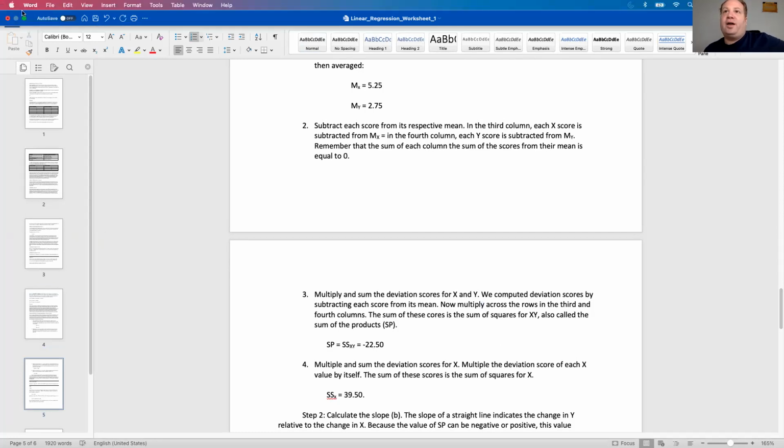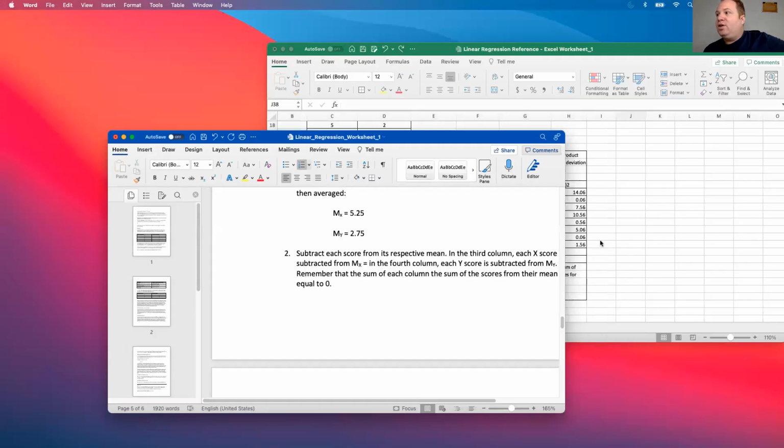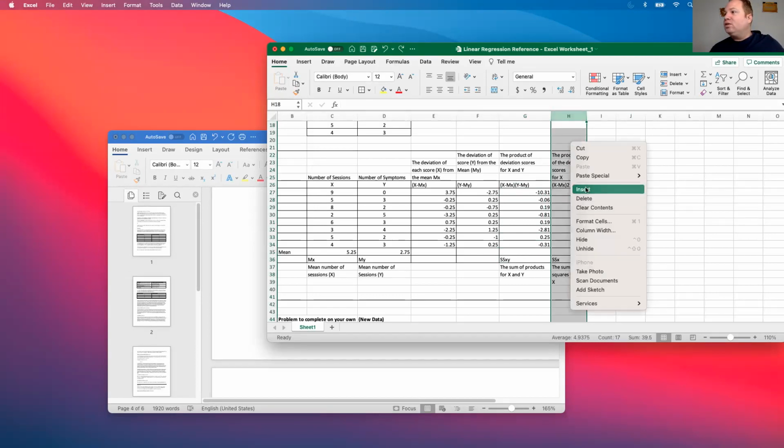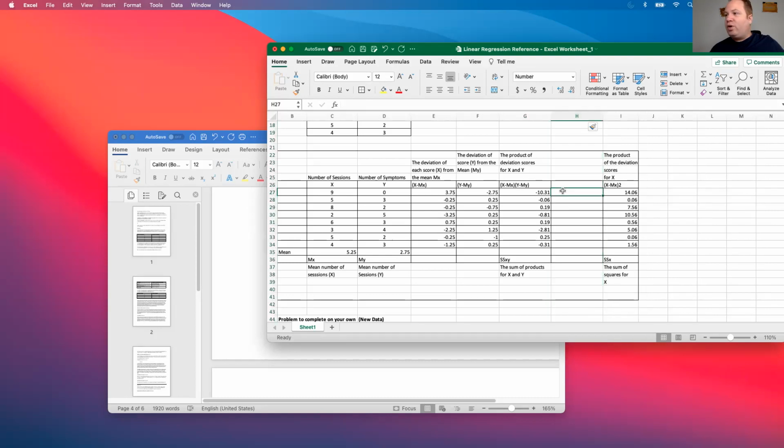So let's make sure that we're looking at the right thing here. Sum of the squares. Oh, the sum of the squares, the sum of the products for X and Y. So I believe we're going to go like this. Let's see if we square all of these.